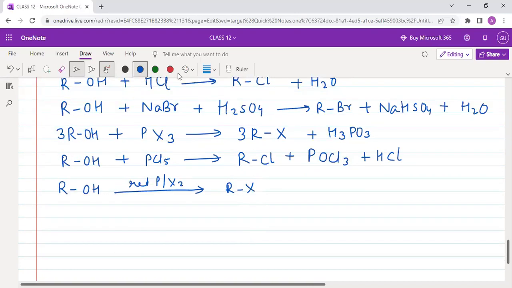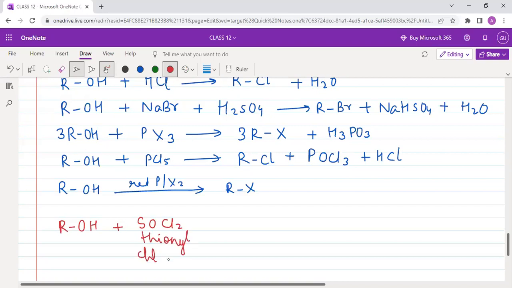And the most important method in this is thionyl chloride. Yes, we have the reaction with thionyl chloride, SOCl2. So this is important.